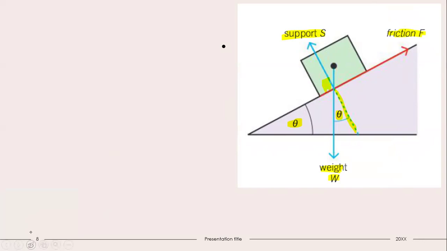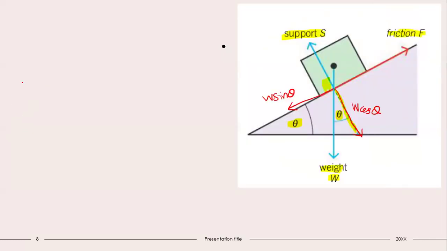If we just look at it, what we do is resolve this weight with the angle theta. So this is W cos theta, and then the other component, which will be acting down the slope, would be W sine theta. This is similar to the case we have done before.